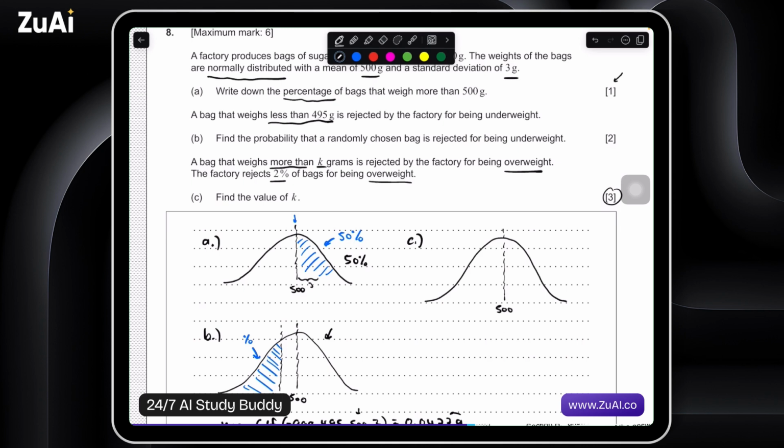If it weighs more than k grams, it's rejected. And 2% are rejected. So we're looking for a point right here, or thereabouts. If we know that 2% of the bags are rejected here, what is this cutoff point k?